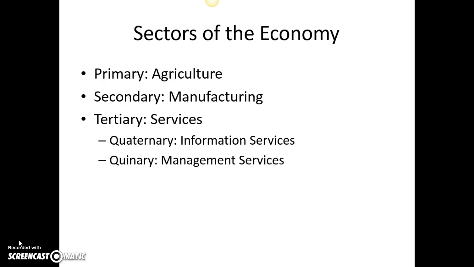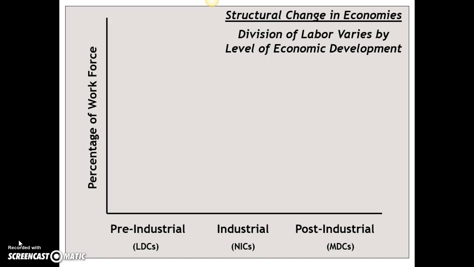Okay, so these are kind of our major sectors, and then what we're going to do is look at some graphs and look at how that changes across space. Generally speaking, by the way, that quinary, not always agreed upon by geographers. So sometimes you'll see it, sometimes you won't. It's good to know, though.